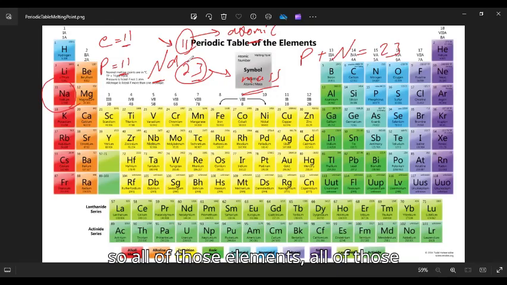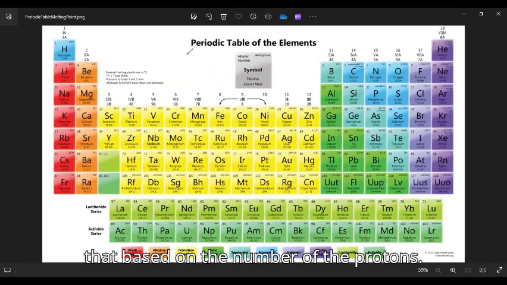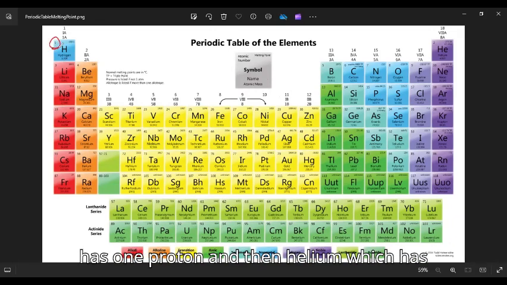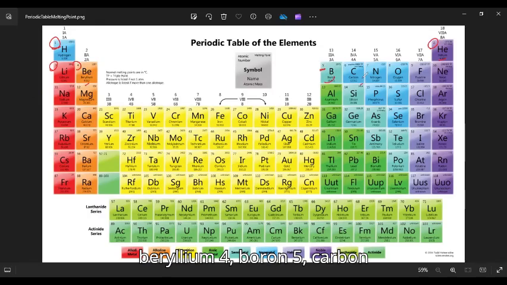So all of those elements here are arranged together like that based on the number of the protons. Starting with hydrogen, which has one proton, and then helium, which has two. Then lithium, 3, beryllium, 4, boron, 5, carbon, 6, nitrogen, 7, oxygen, 8, and so forth until we reach this element, which has 118 protons.